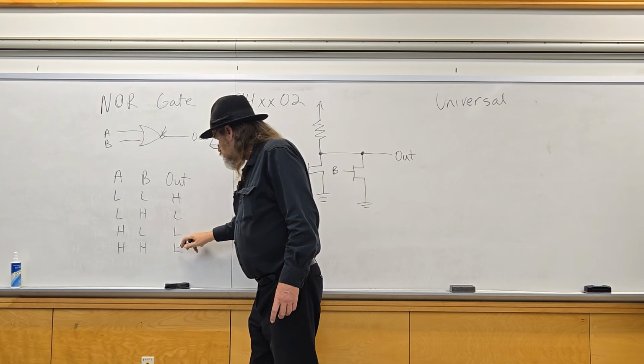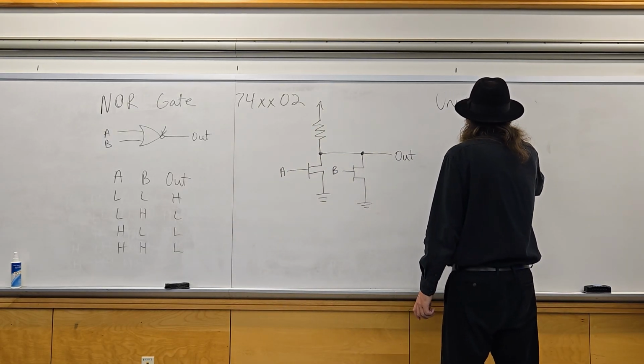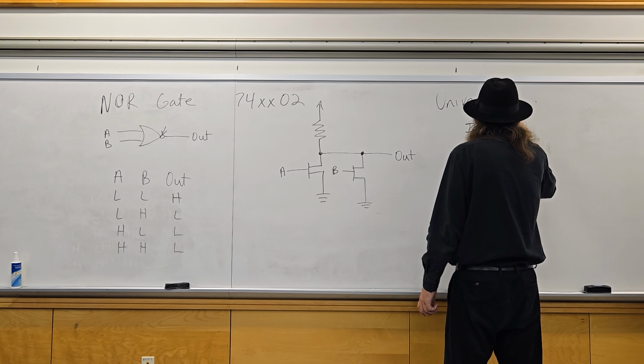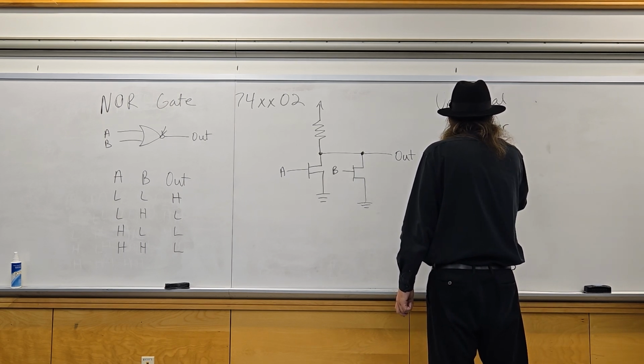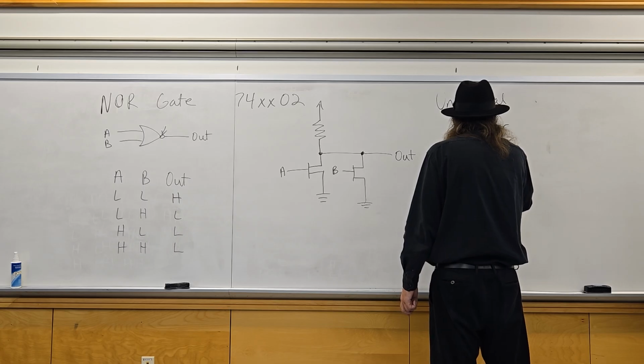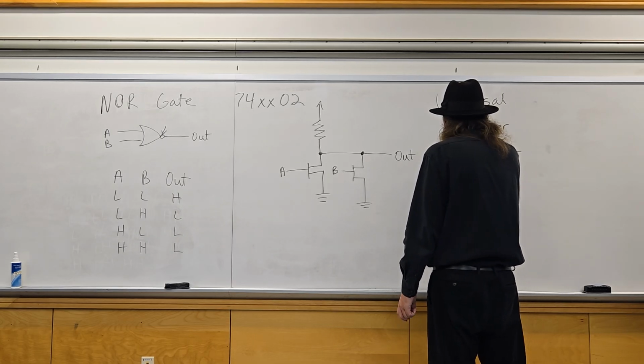Both inputs high gives you a low. So the inverter is just a NOR gate with the inputs tied together.